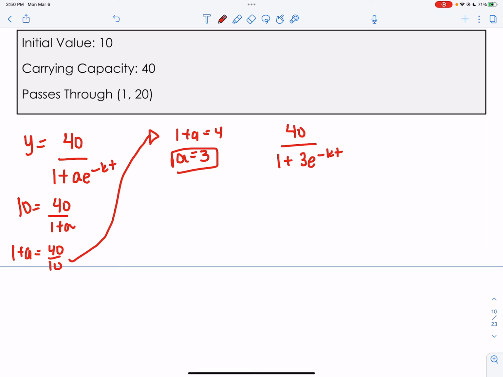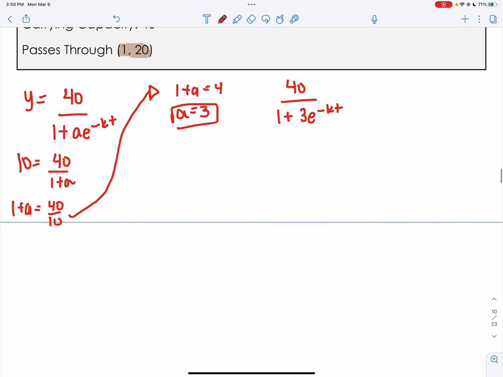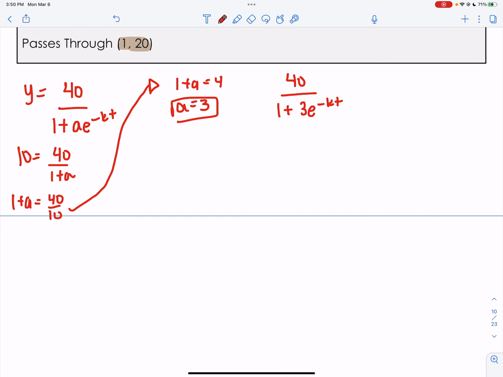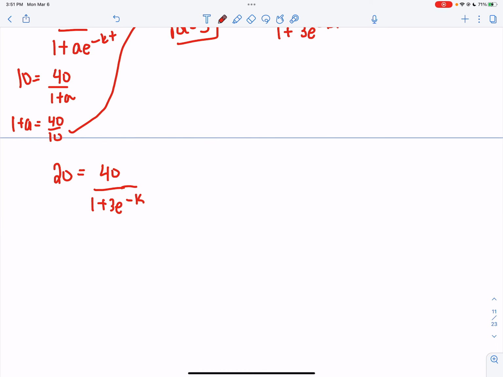I have 40 over 1 plus 3e to the negative kt, and I want to use (1, 20). That's going to help me find my b value. So now I have 20 is equal to 40 over 1 plus 3e to the negative k times 1, which is just negative k. Going to multiply by 1 plus 3e to the negative k and divide by 20.